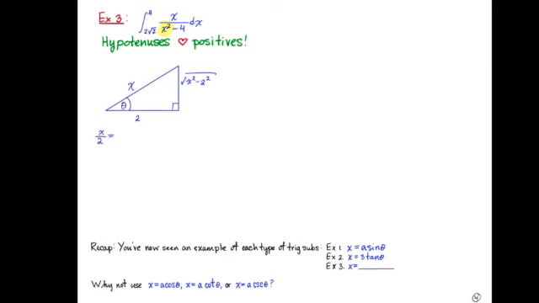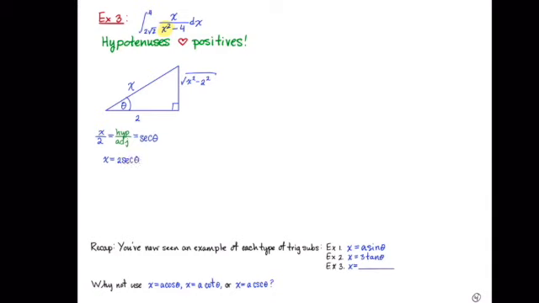And so now that we have a theta in our triangle, we can see that the relationship we're looking for is going to be secant theta.